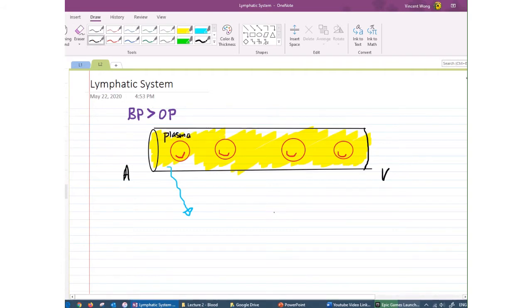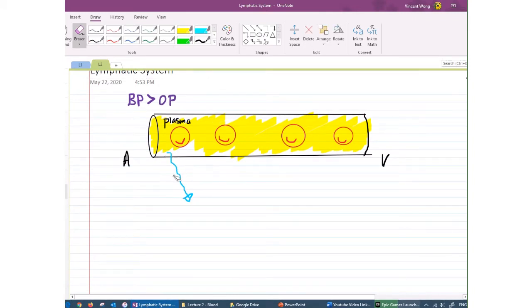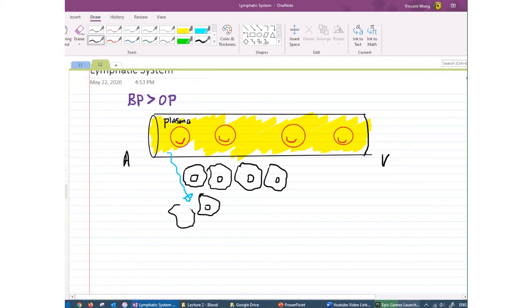And then what happens once the fluid comes out? Well, once it comes out, this fluid is actually going to be going into the space that is between the cells in the tissue. So here I'm going to draw some cells. Okay, so these are cells in the tissue, and there are some spaces between these cells.